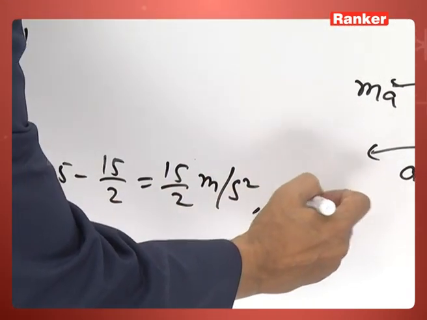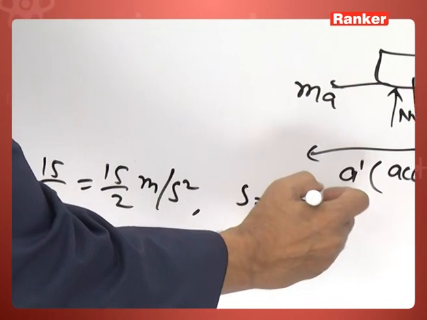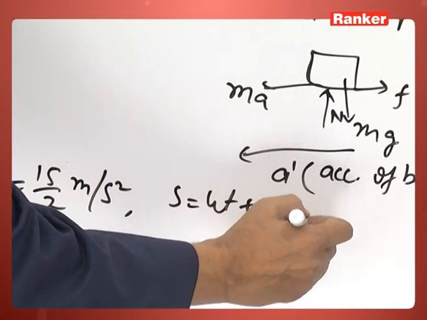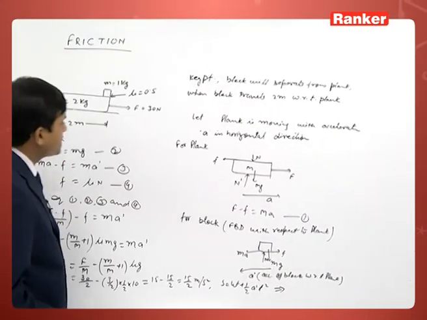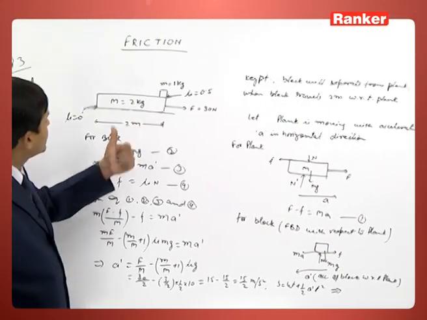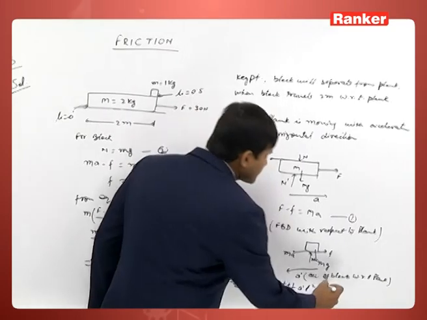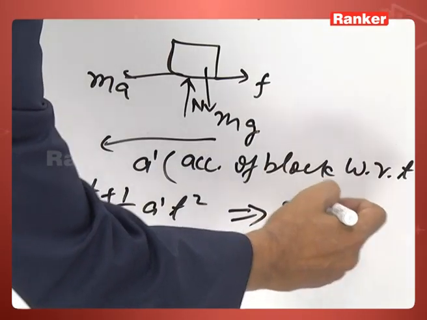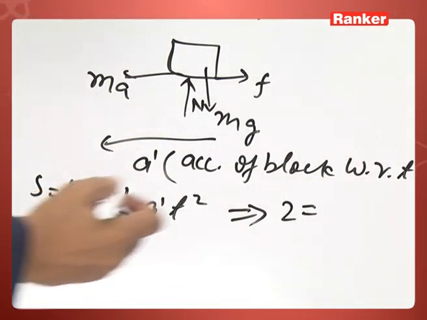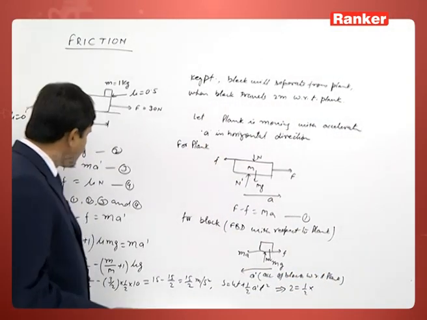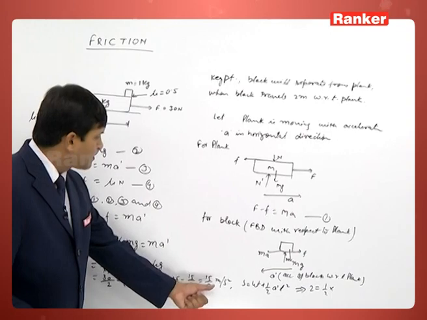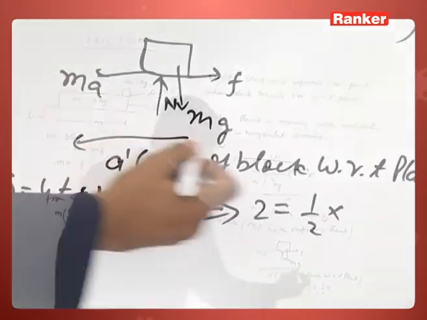So S is equal to ut plus half a dash t square. S is the distance which we have to travel, that is 2 meter. u, the initial velocity, is 0, half a dash value we got here 15 by 2.